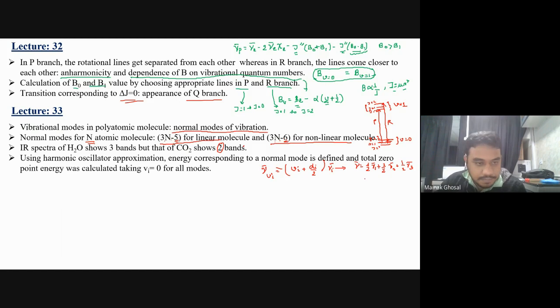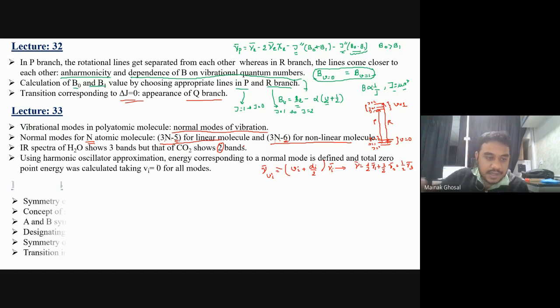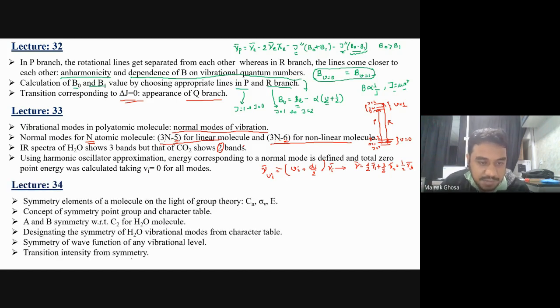Then in the next lecture, there was a discussion on symmetry elements of a molecule in the light of group theory. You don't have that much idea about group theory, but for now just understand some operations you have learned in inorganic chemistry: Cn, sigma, E. What is Cn? Cn is the n-fold rotation axis.